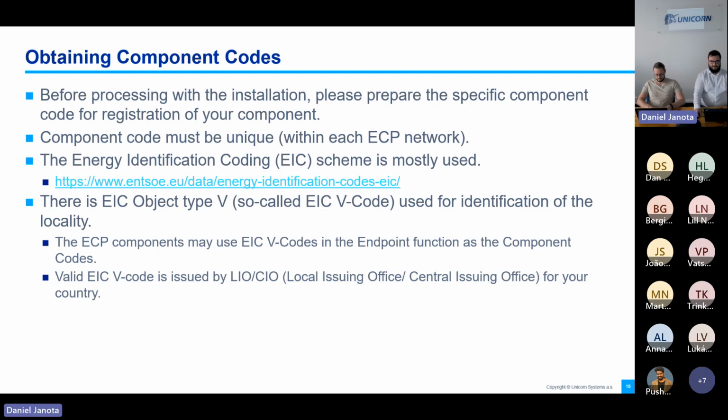We will see that in the practical part. Please note that the component code must be unique within each ECP network, and also all networks which will be synchronized together. But this part should be covered by the issuing office, or at least the network administrator.